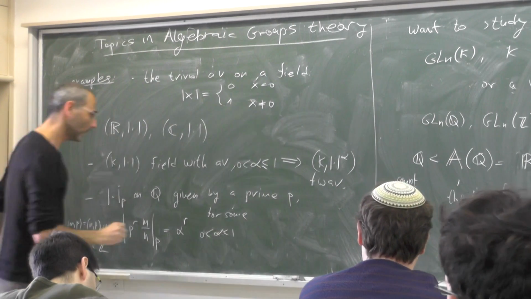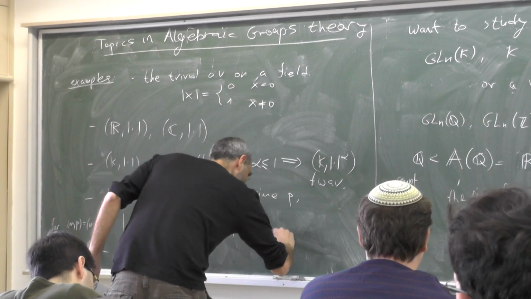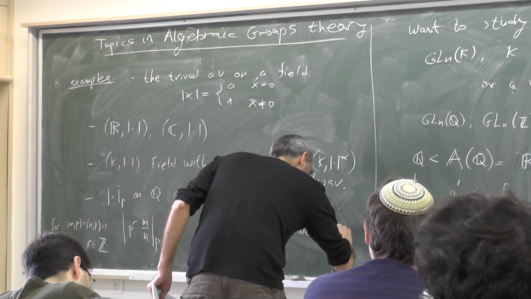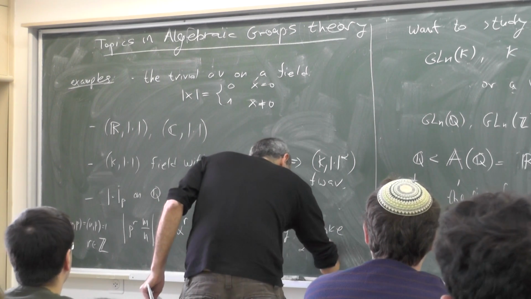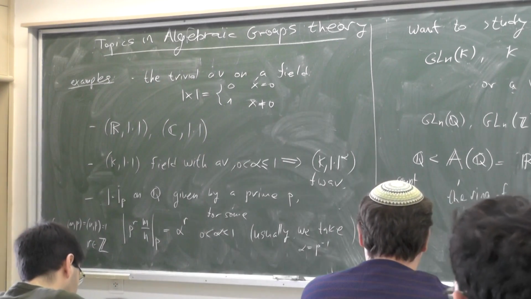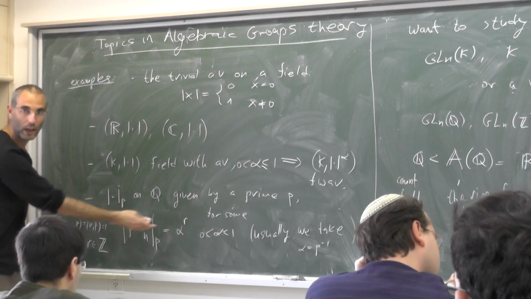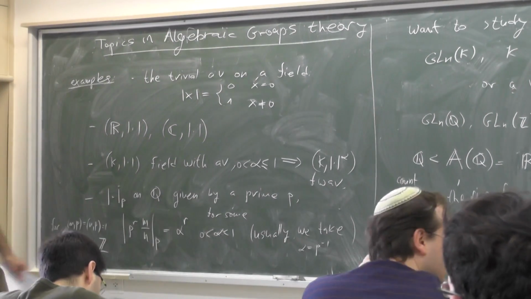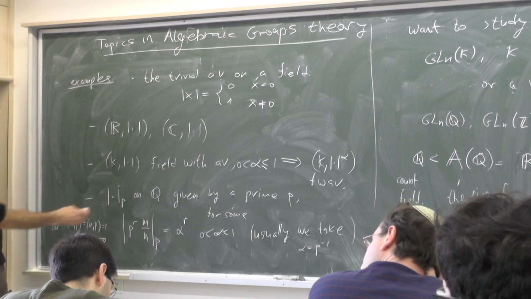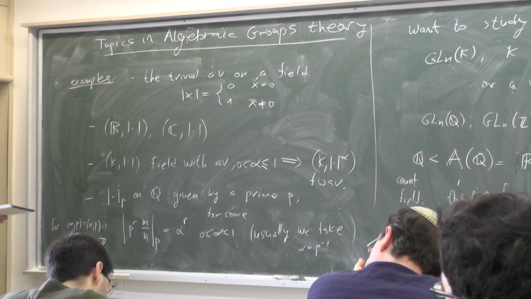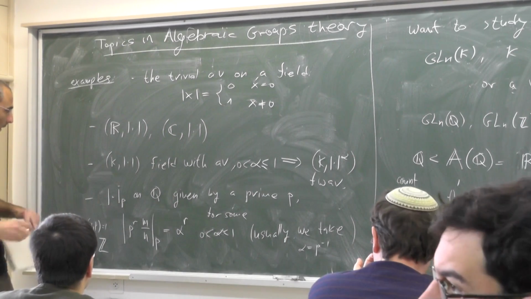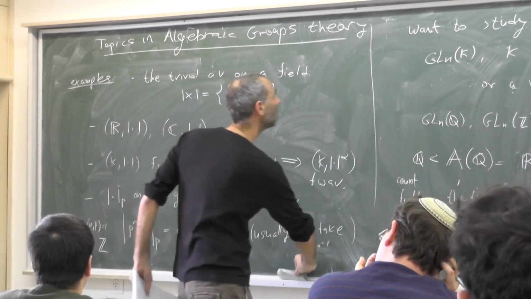Usually we take alpha to be p inverse. This is the usual formula, but whatever alpha will make sense. So you should check that this is an absolute value. This is very easy. I'll give another example.